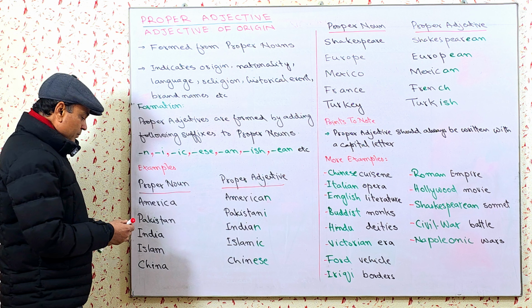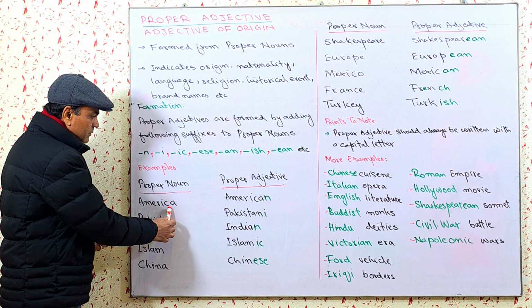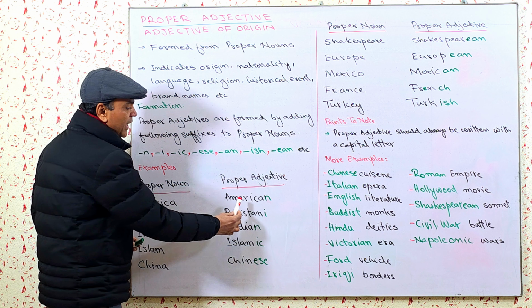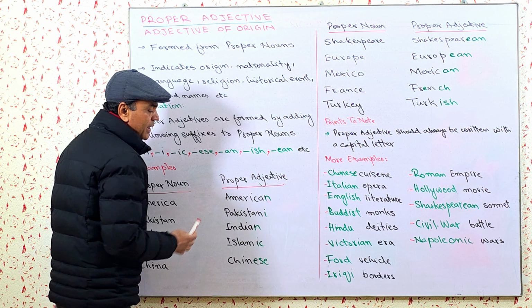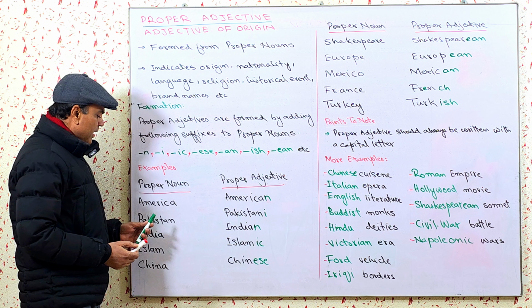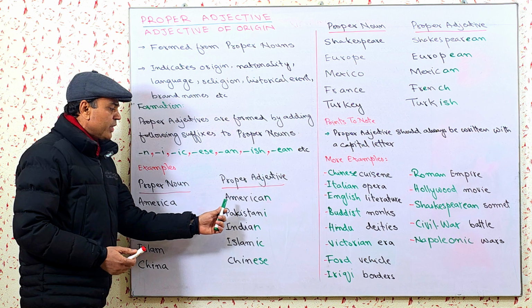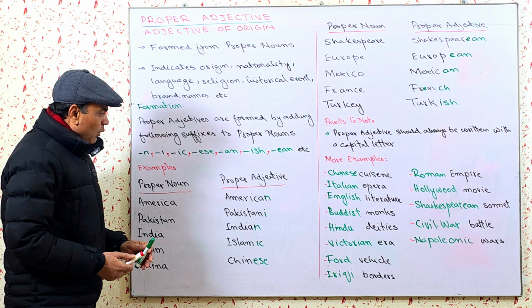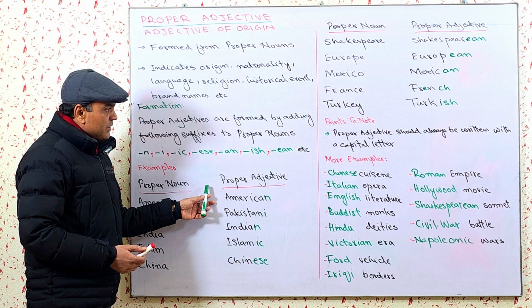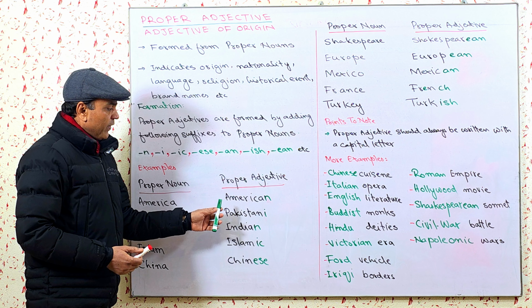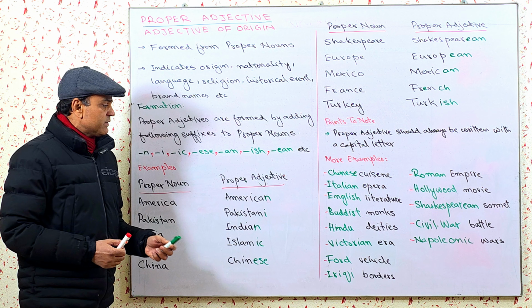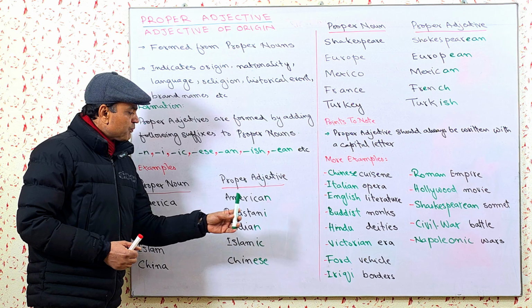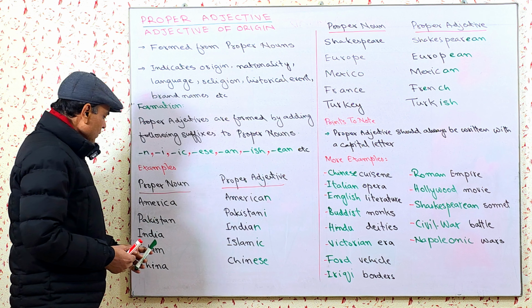We have the word America, and from America we have American. I added n, and from noun it changed into adjective, proper adjective. In all the proper adjectives I have made here, the suffixes that make them adjectives are written in green letters.